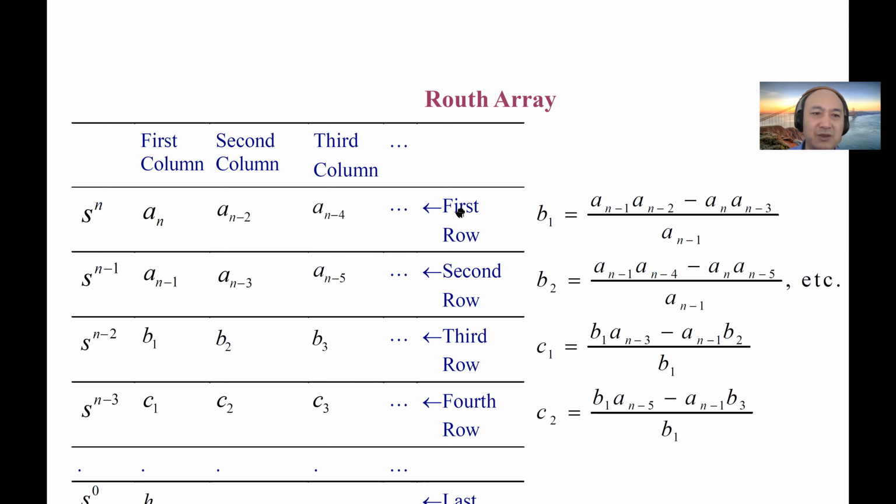The first table is one after another. The first row is s to the power of n, a_n minus 1. So you skip a_n minus 1, then you have a_n minus 2.